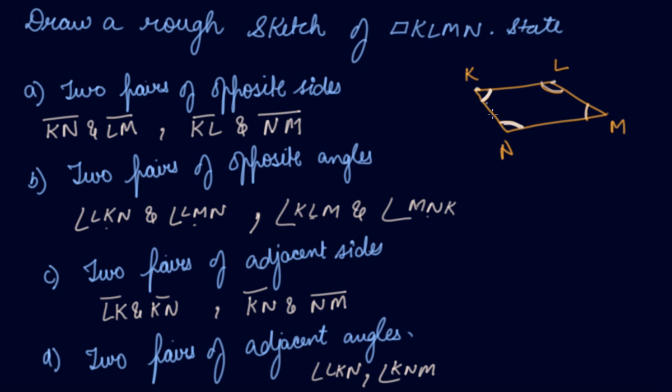So there is common side KN in both the angles. So these are the adjacent angles. This is the one pair. The other pair is, I can write angle KLM and angle LMN. L and M are the adjacent angles because they have the common side LM. So these are the pairs of adjacent angles.